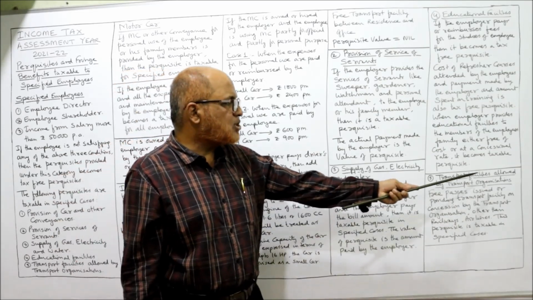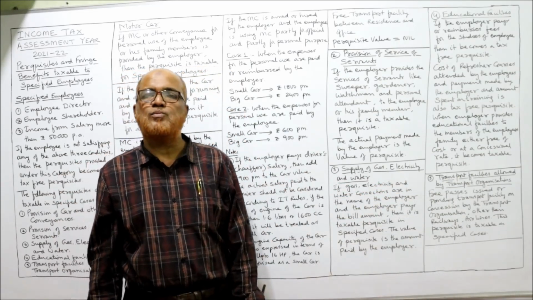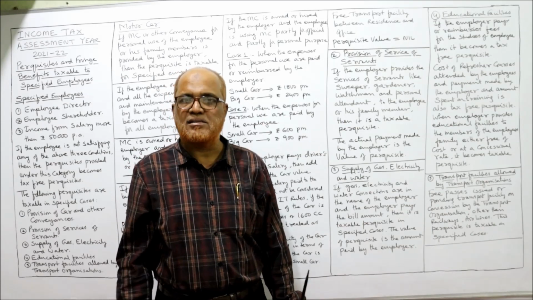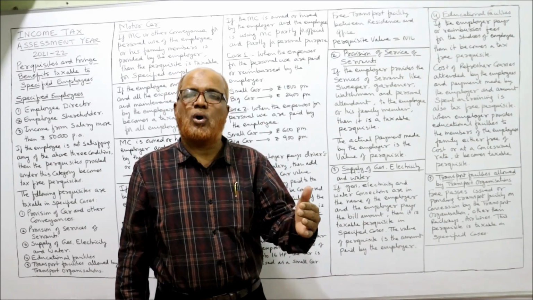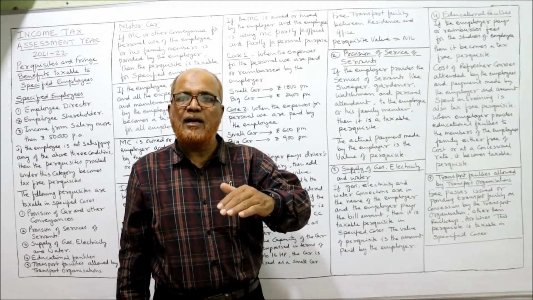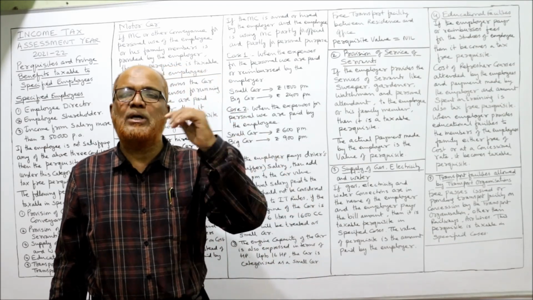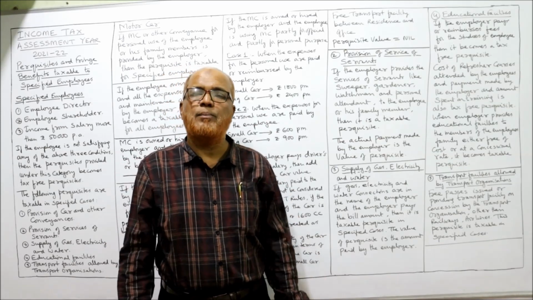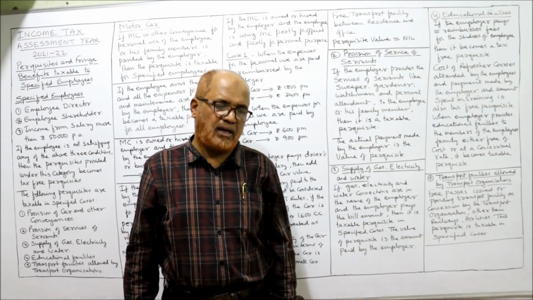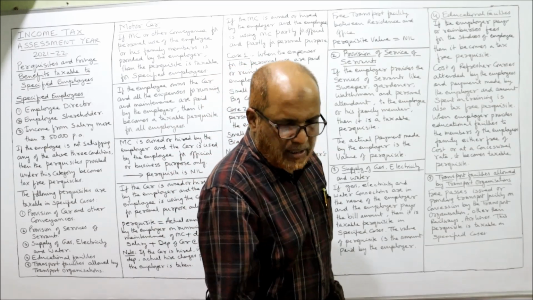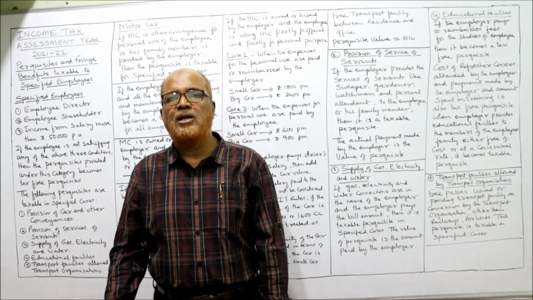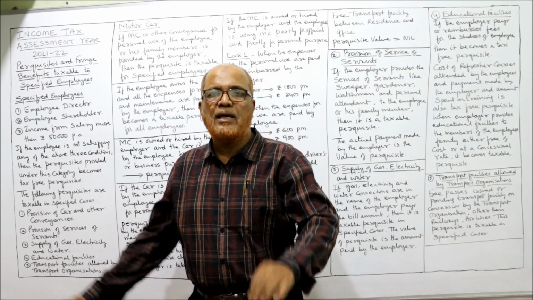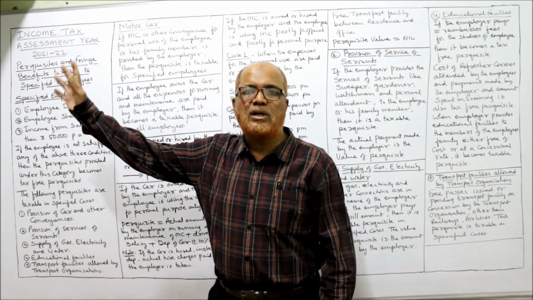Last one is transport facilities allowed by transport organizations. Apart from railways and airlines, any other transport organization providing transport facility to the employees or their family members, it's a taxable perquisite for specified employees. That's all. So in this video, I have explained you what are the perquisites which are taxable only in specified cases, not everyone.